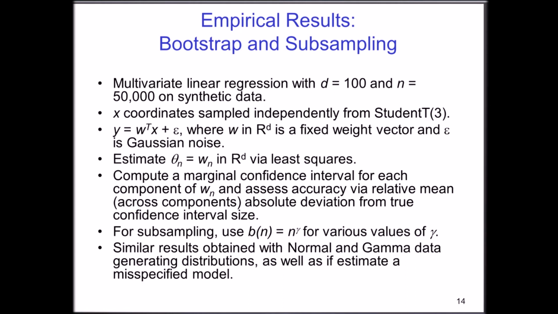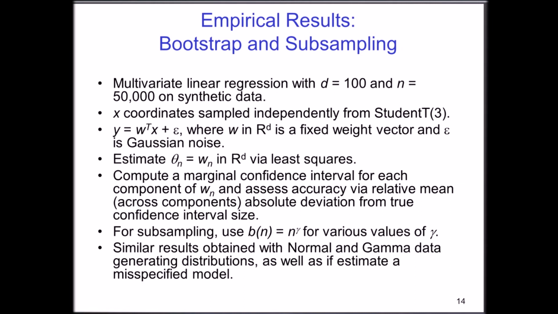This is a particular example of an experiment we did early on. This was a multivariate linear regression. We had a covariate vector of size 100, and we had 50,000 data points of synthetic data. We had a student t distribution generating the x coordinates, and then a Gaussian model, and we estimated a parameter with least squares.